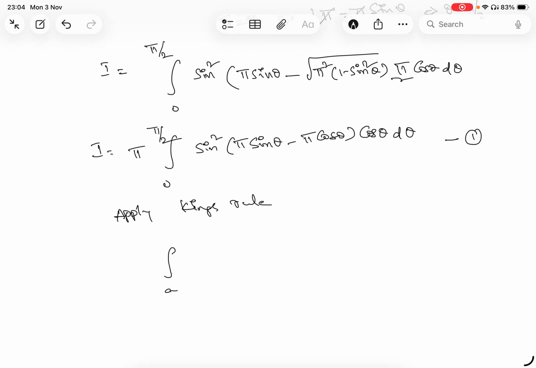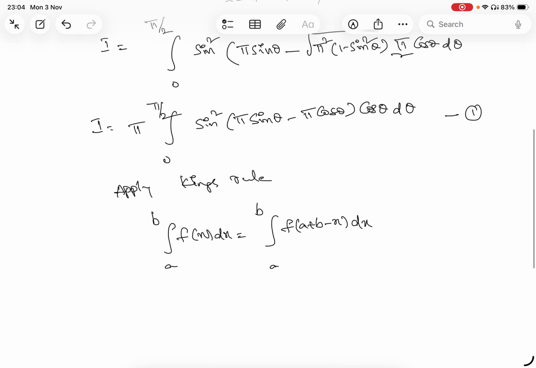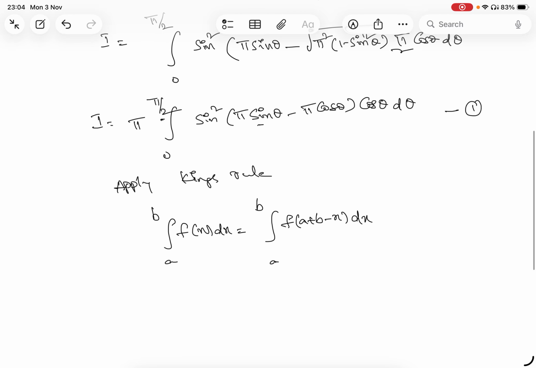As you know, the integral a to b f of x dx is integral a to b f of a plus b minus x dx, right? We are substituting because, as you can see here, there is a pi by 2 in the upper limit and sine and cos. Let's see if we get some relation here.